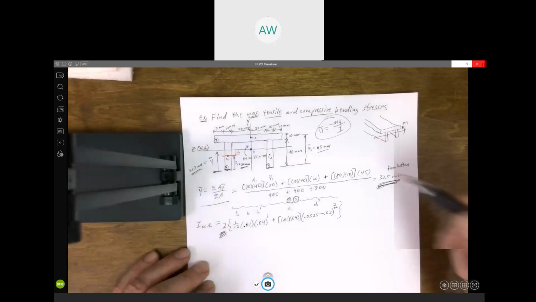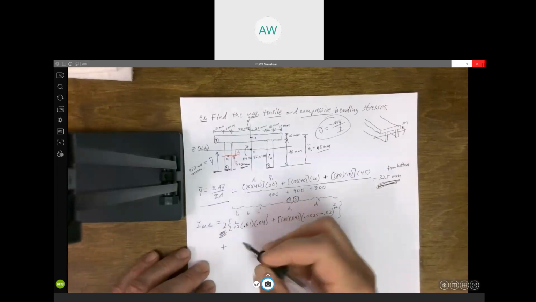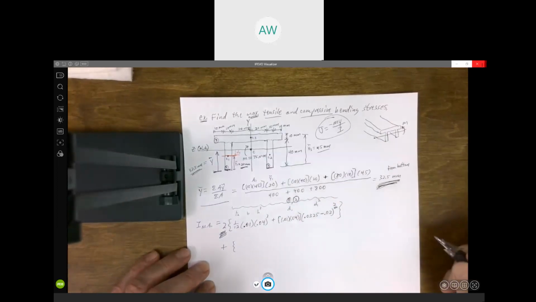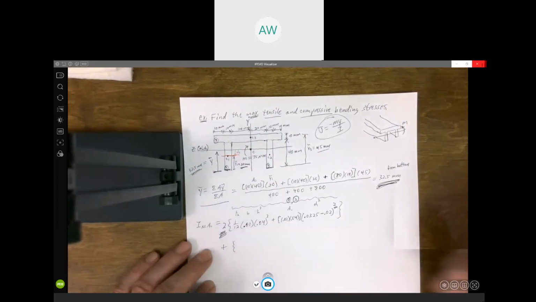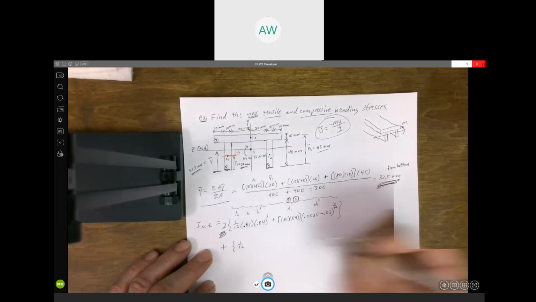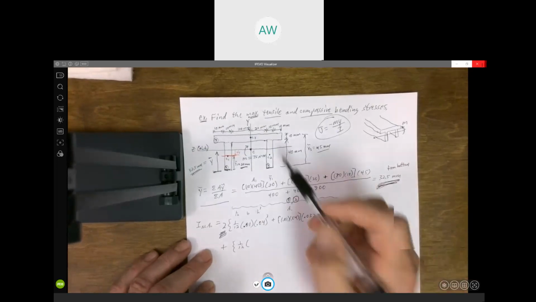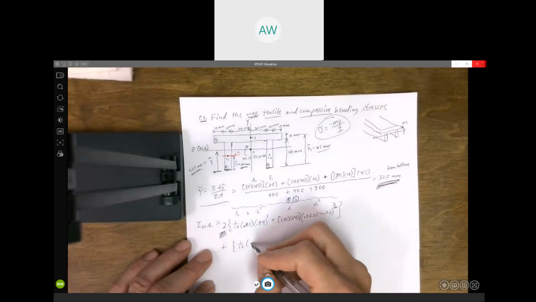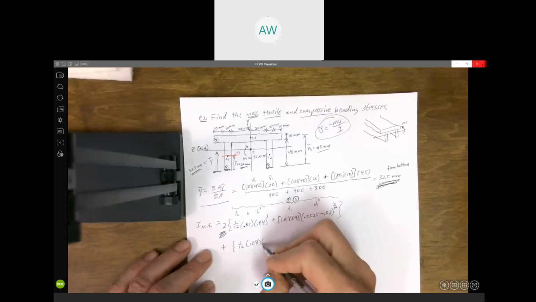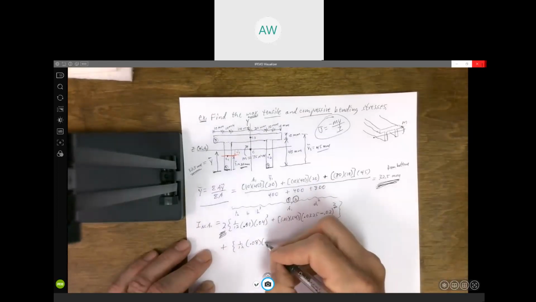And then we need area 3. Again, it's going to be 1/12 base times height cubed. Here, the base is 80 millimeters, or 0.08, and the height is 10 millimeters, 0.01 cubed.